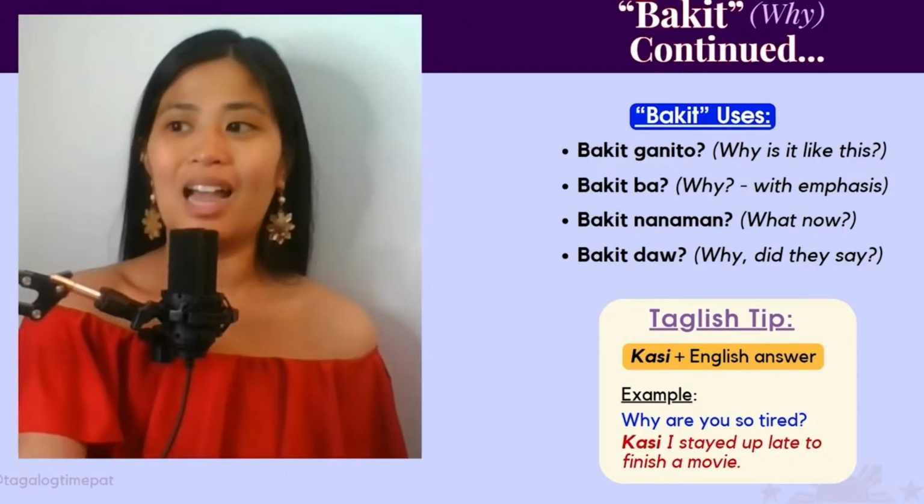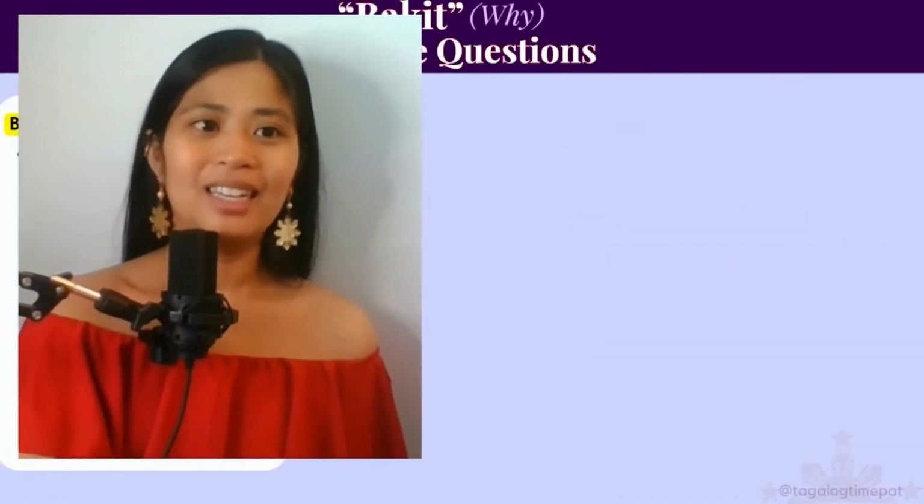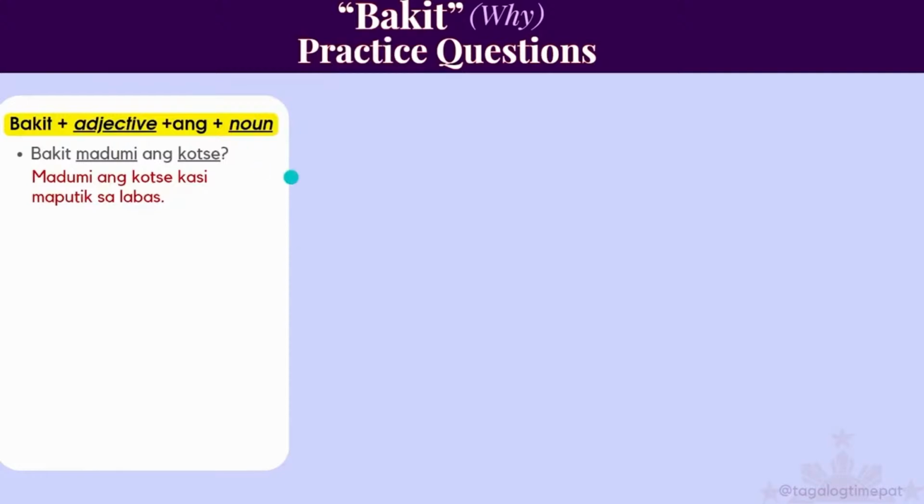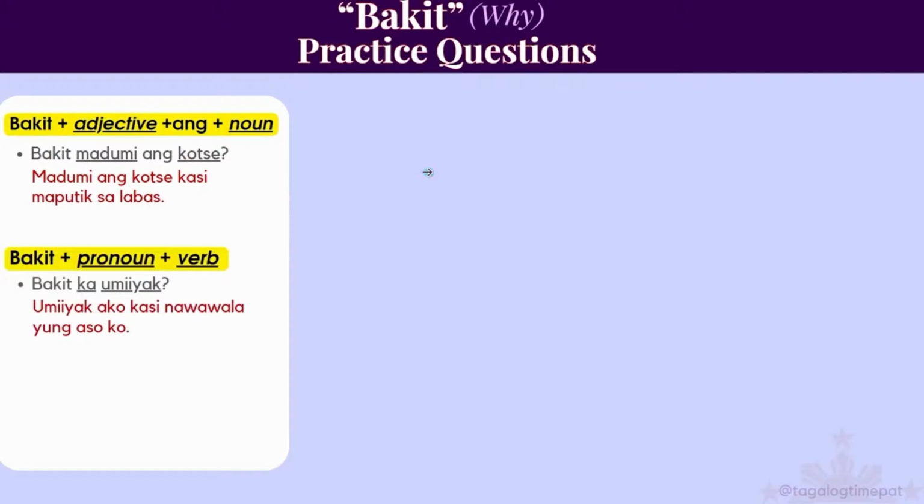And before you know it, you'll be able to say longer phrases in Tagalog. Now I want us to practice bakit. Here on the left side, again, are the different ways to use bakit. So bakit plus an adjective, then ang, then a noun. Bakit madumi ang kotse? Why is the car dirty? Or bakit plus the pronoun plus a verb.